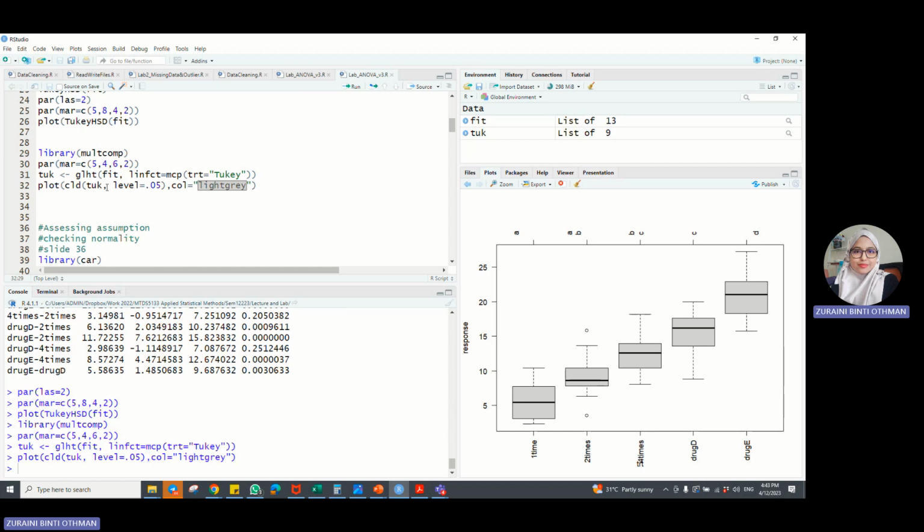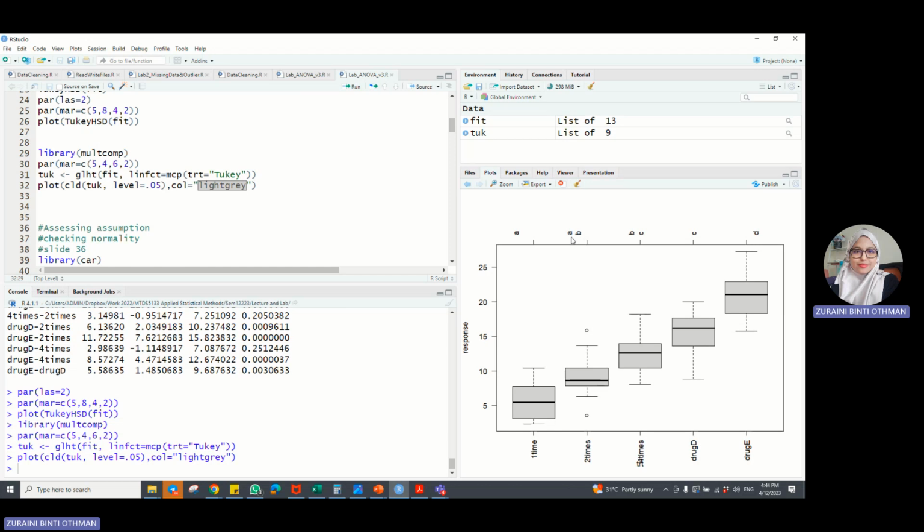You can see that 1 and 2 times are not significantly different, because they both have the letter A here.